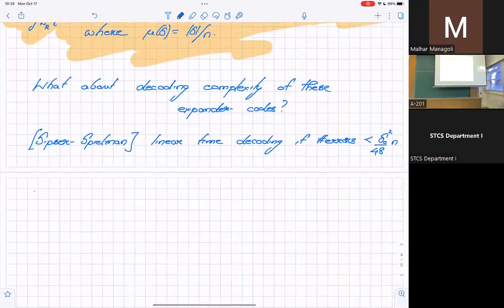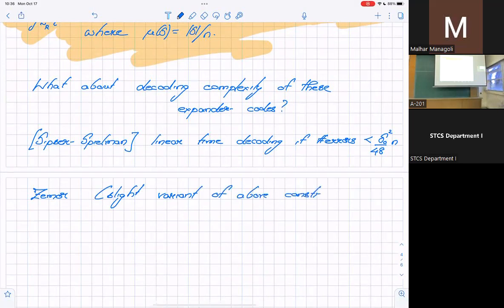What we will show today is actually a construction due to Zemor. He changes the code a little bit. It will be basically the same code, a slight variant of our construction, in order to give a very simple algorithm.